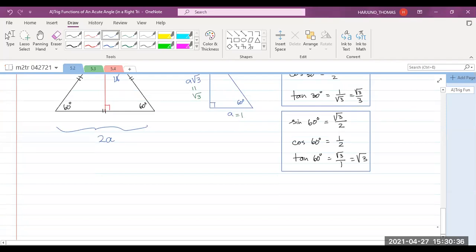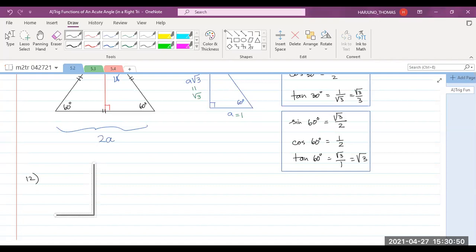Now, let's take a look at, for example, number 12. Number 12, we have this right triangle where the angle on the bottom left is 60 degrees. Now they tell us this is 3, this is x, and this is y. How do we do this kind of question?